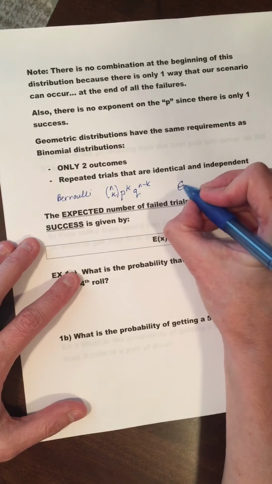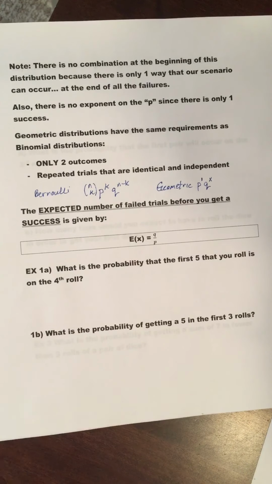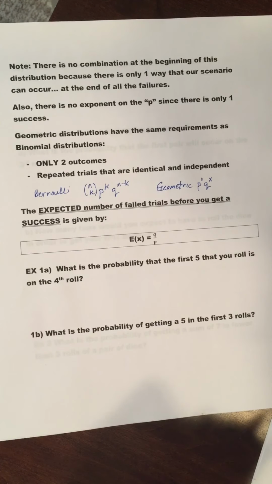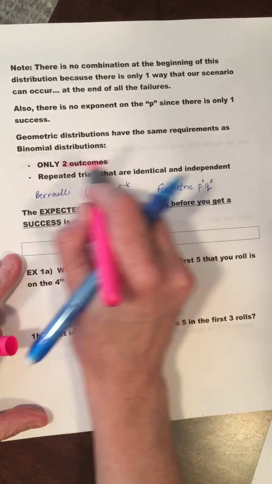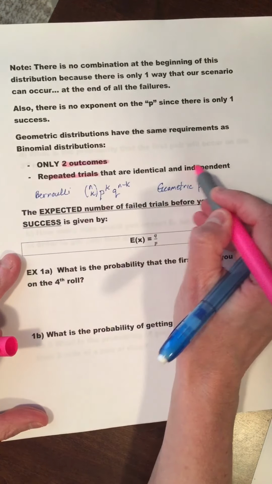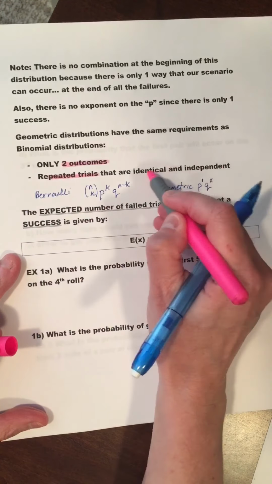Probability of success to the exponent 1, because again, there's only one success. Probability of failure to the number of failures. So the two formulas are very similar and their circumstances are similar. Two outcomes, repeated trials that are identical and independent.